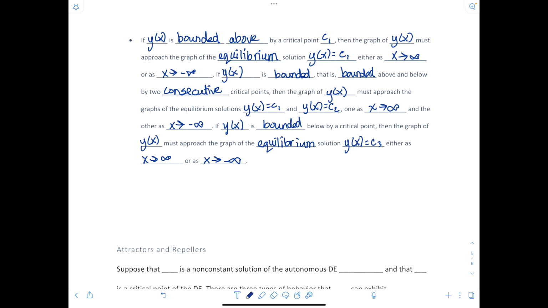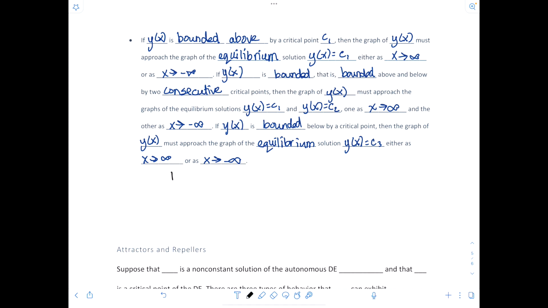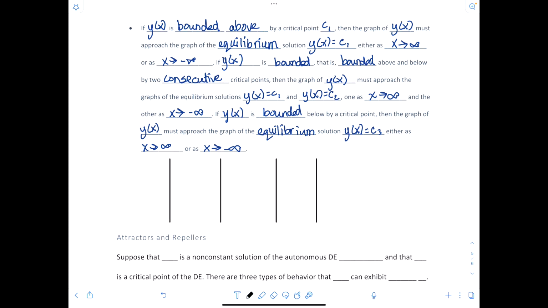Okay, so let's take a look here at just some different things that we'll find out, because it's weird. We're working with slopes, right? So now we're going to look at attractors and repellers. Now, you can have a situation where a critical point is attracting.